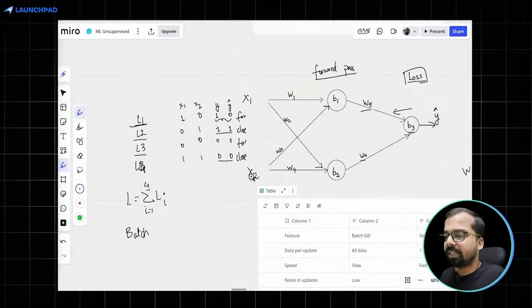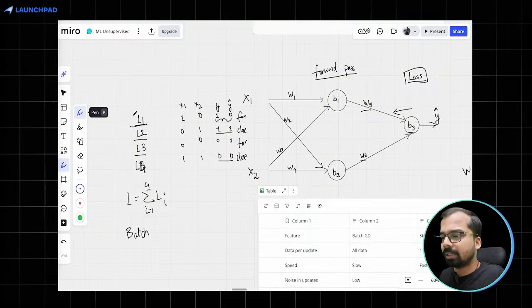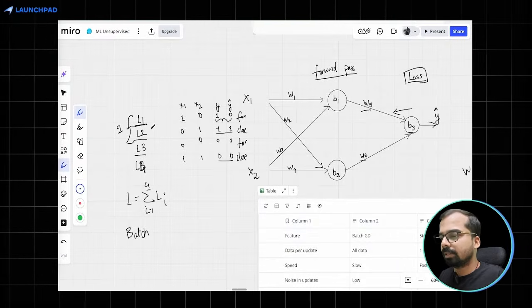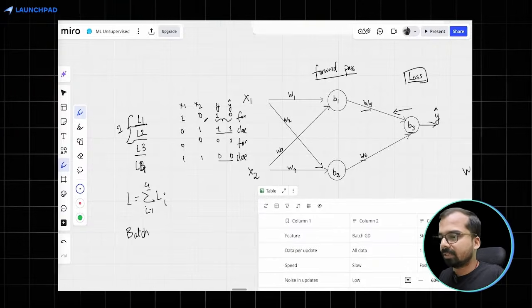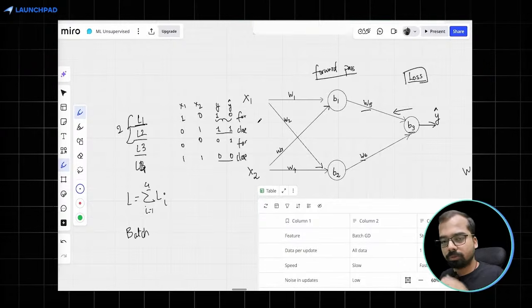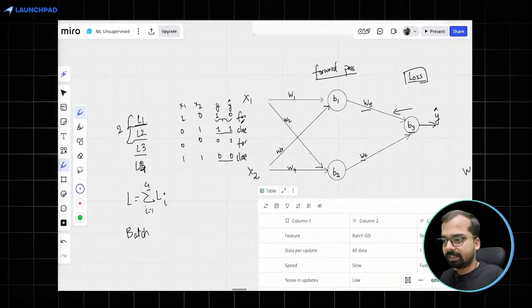Instead of updating the weights at each sample, maybe you say that after every 2 samples I will update the weights. So you pass the first row, you get loss 1, you pass the second row, you get loss 2, you get the average of it, and then you update the weights. This is known as mini batch gradient descent.